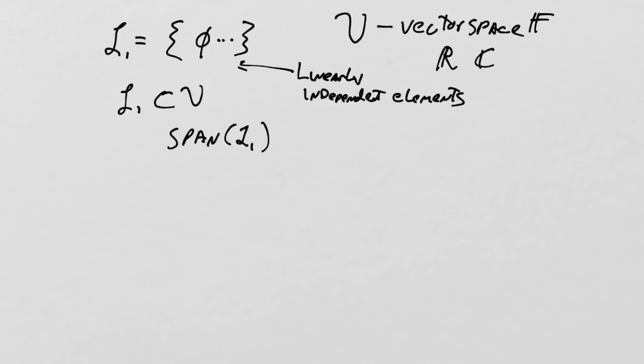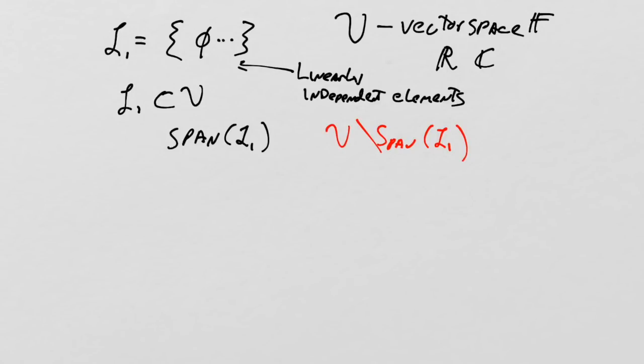So I look at the span of L1, and then I pick out an element from V minus the span of L1. Sometimes it's written with a minus sign. Sometimes, instead of a minus sign, mathematicians like to use a backward slash like this.